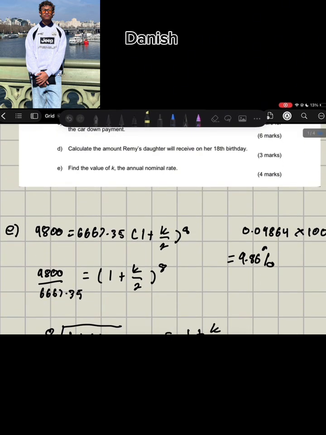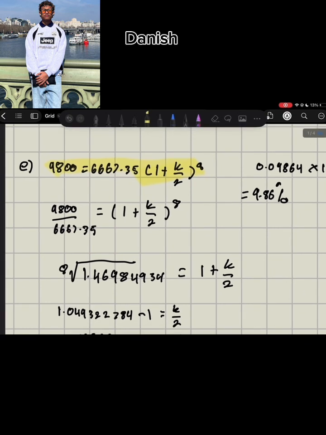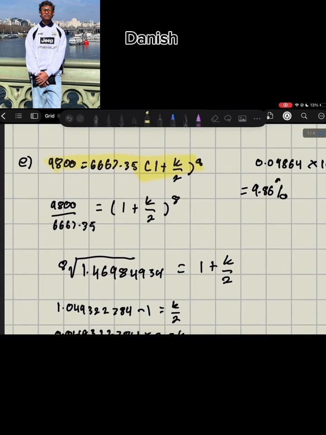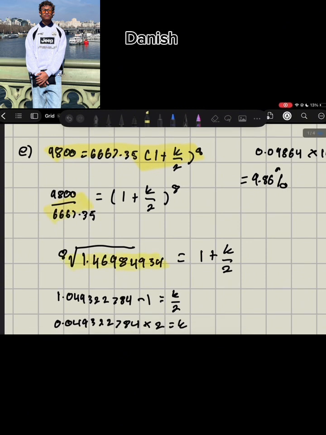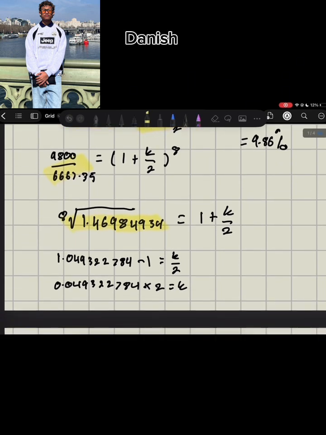M is 2 because it is semi-annually. If we put all of that inside the formula, it will look like this. The 9,800, you need to divide by 6,667.35. You get this answer.